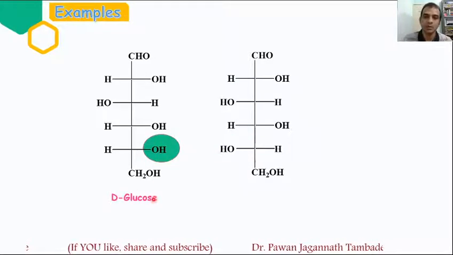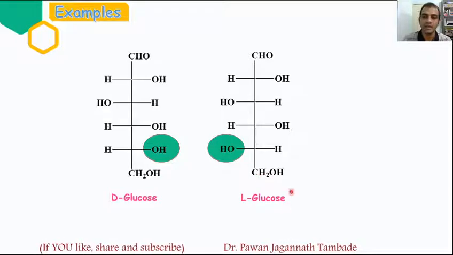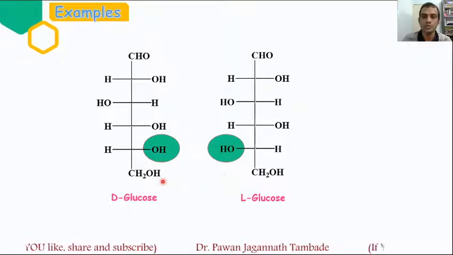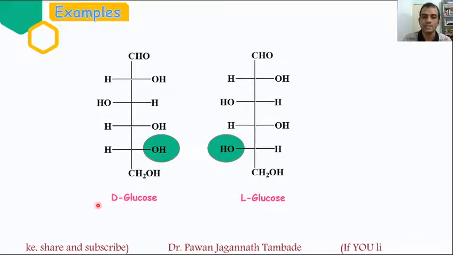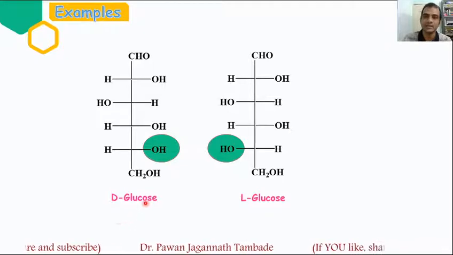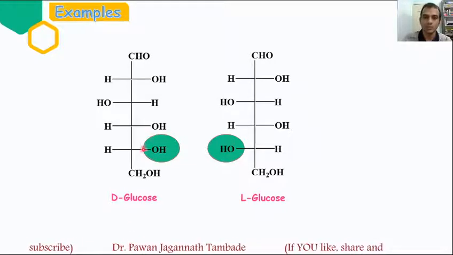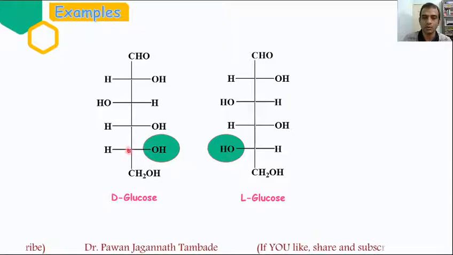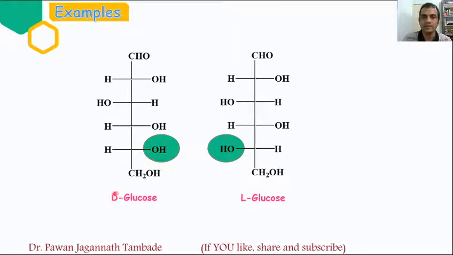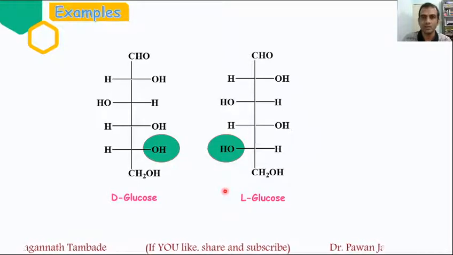This is D-glucose and this is L-glucose. This D and L designation is on the basis of the position of the OH which is present on the bottom chiral center. If it is on the right hand side, it is D-glucose, and if it is on the left hand side, it is L-glucose.